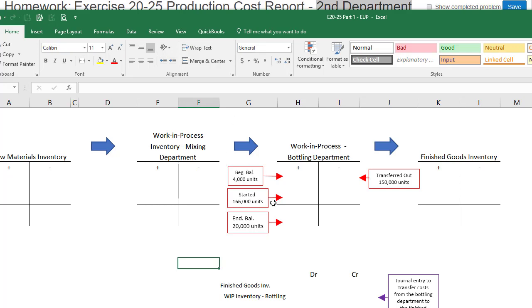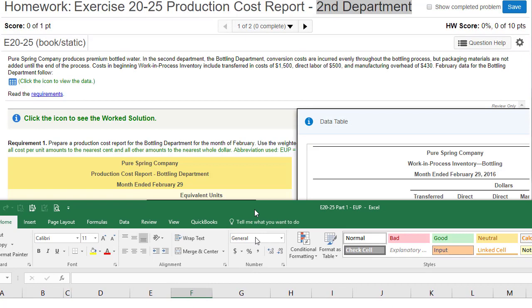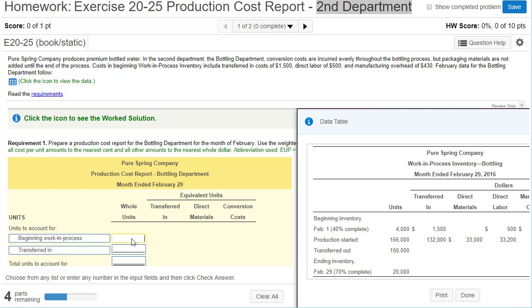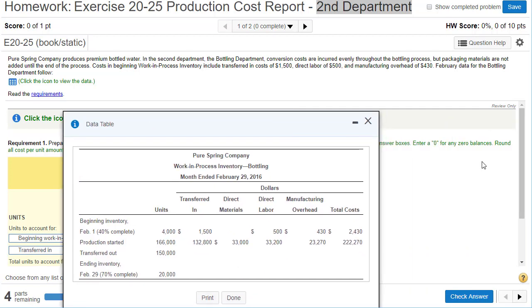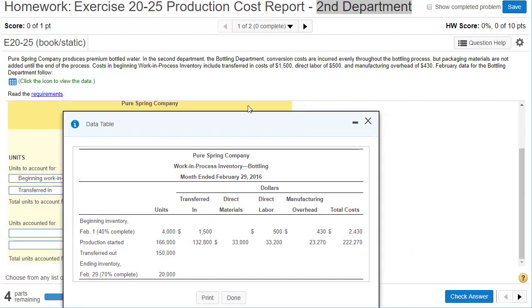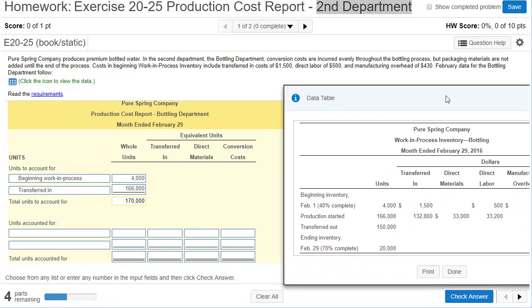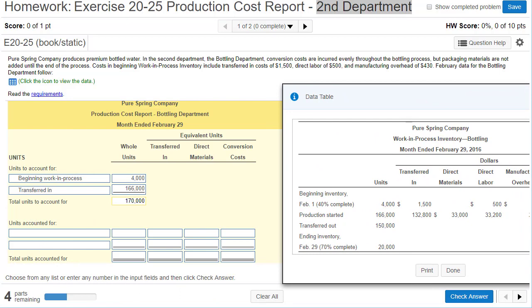So that gives us a total of 170,000 units to account for. So let me put in my units. Copy, paste, copy, paste. So we've got 170,000 units to account for. Now I need to scroll down. And now we have the units to account for.